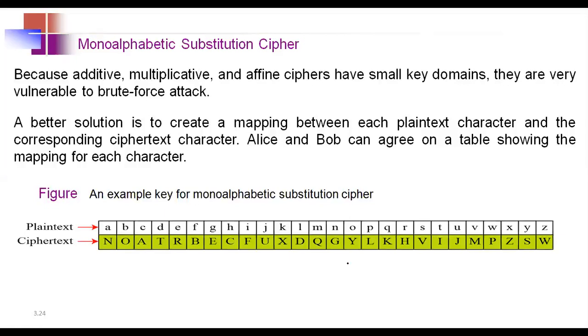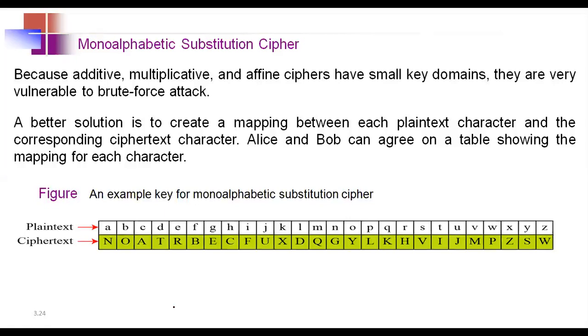Here, unlike the previous case, we don't assign the integers from 0 to 25 to each alphabet A to Z. But here, both the sender and receiver in the communication have some agreement on the mapping of the characters in plain text and ciphertext.